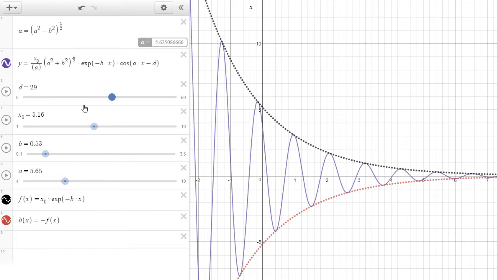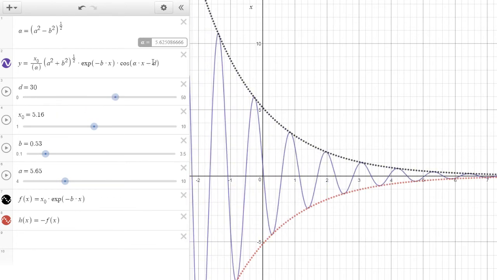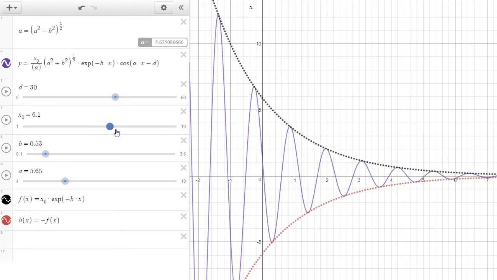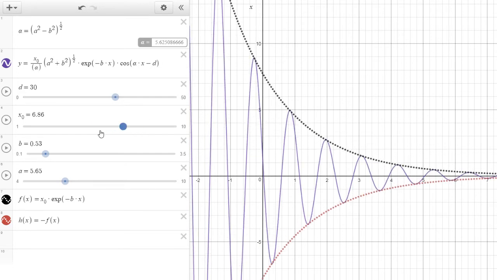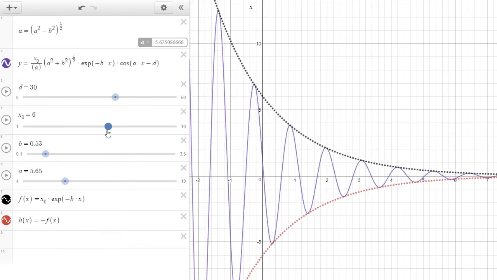That's just adding our phase term theta, or in this instance it's d. Okay, x naught is the initial starting position, so it's the maximum displacement of the mass. I can adjust that, you can see it getting bigger and you can see it getting smaller. So that's just the displacement.